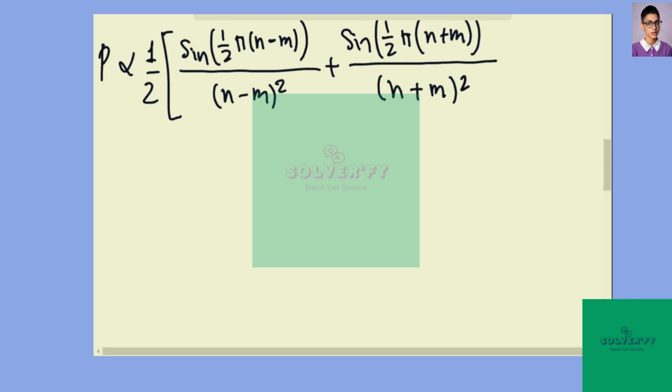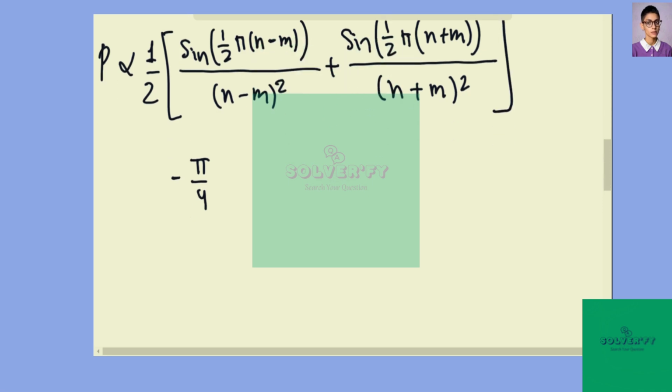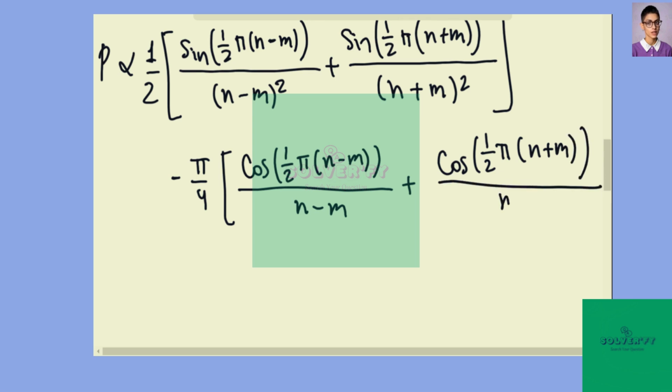Now the other terms in here are going to be minus pi divided by 4 times, well, in this case, sorry, this is for this. And for the last one in here, we will have pi divided by 4 times cosine of 1 divided by 2 times pi times n minus m, divided by n minus m, plus the cosine of 1 divided by 2 times pi times n plus m, divided by n plus m.